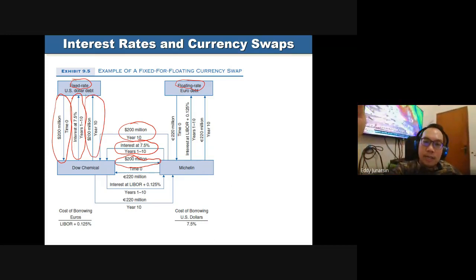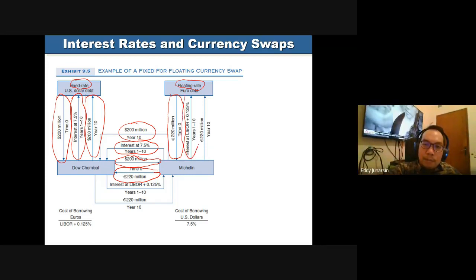What about now the floating rate debt issued by Michelin? So Michelin will borrow 220 million euros, right? Similar case to the previous one. Again, this amount would be given to Dow. Now for the next 10 years, Michelin will have to pay LIBOR plus 1/8%.